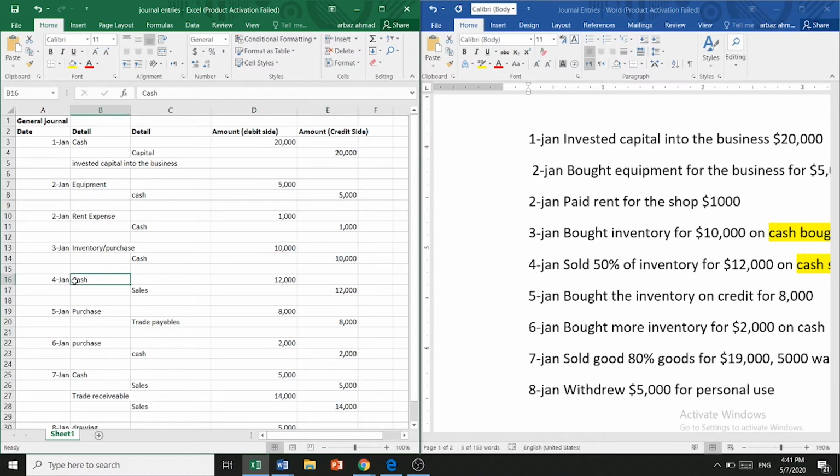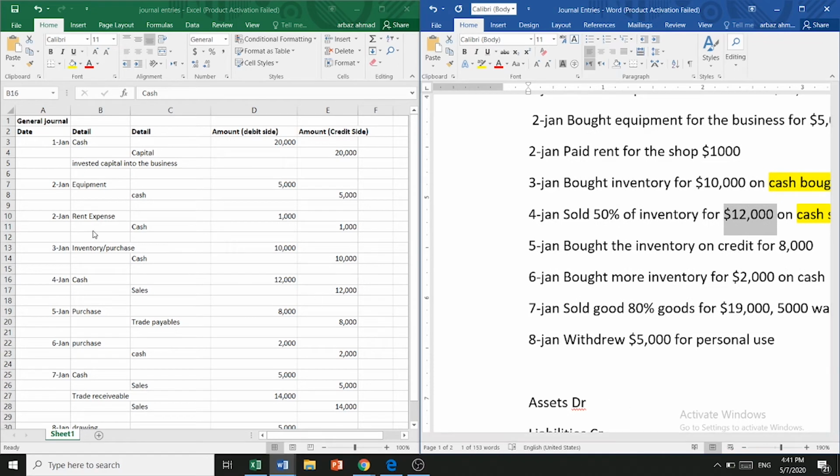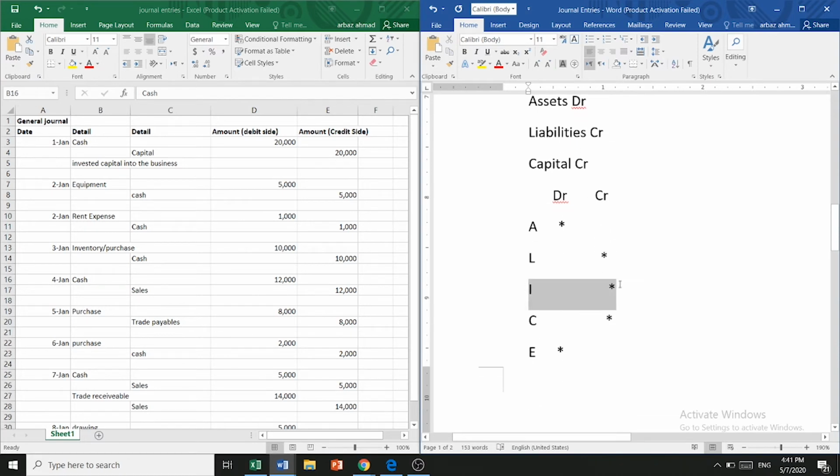Moving on to 4th January, we sold 50% of the inventory, so that means we sold 50% of 10,000, that is 5,000, for 12,000. So we sold inventory for 12,000 in sales. Sales is an income for the business, so if it's an income it is going to be credit.